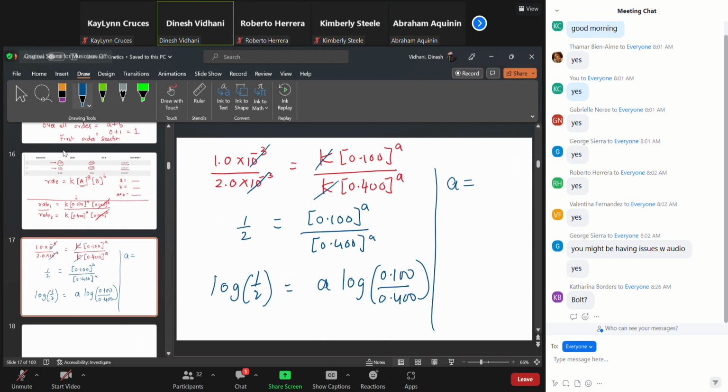Are you guys getting that answer, all of you? Negative 0.602. Okay, so we are seeing interesting answers. I just did the log of it. Just write down in the chat box so I know.